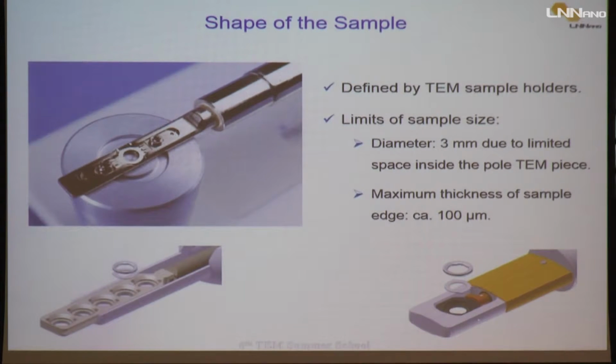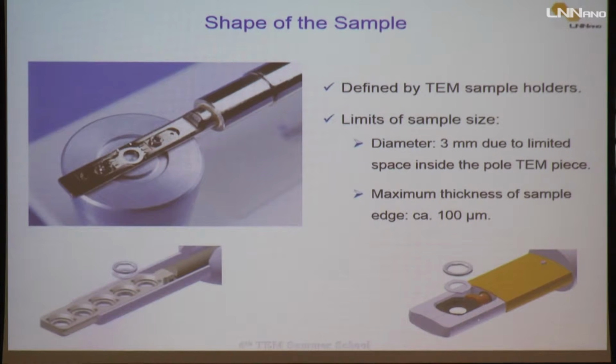Why do we have this situation? Because the space inside the polepiece of the TEM is very, very small. It's very limited, and we need to have the sample as small as possible to go into this gap between the polepiece and for the technique to work in a proper way, okay?